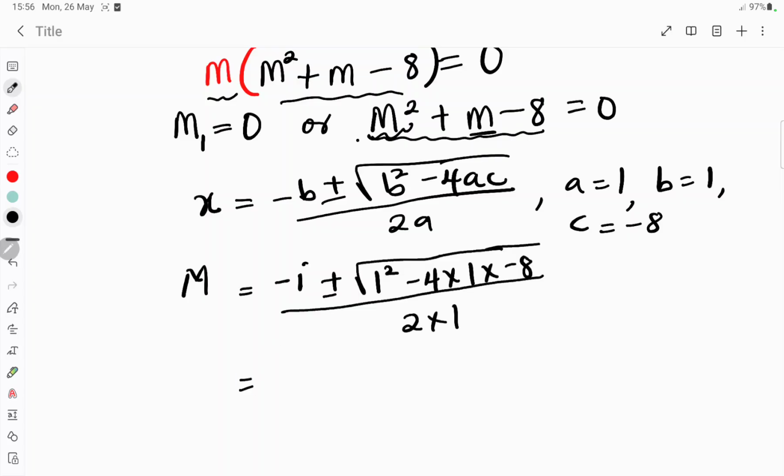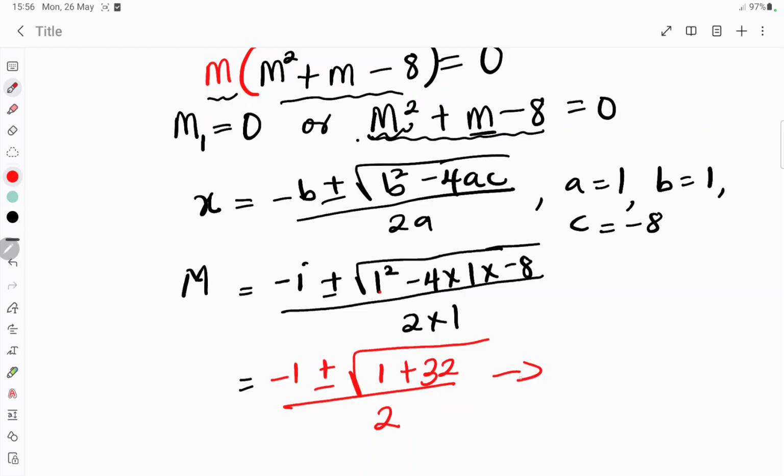So we have minus 1 plus or minus the square root of, because of this minus, we are having minus: 1 squared is 1, then minus 4 times 1 is minus 4, and minus 4 times minus 8 is plus 32. So we have 32 divided by 2.